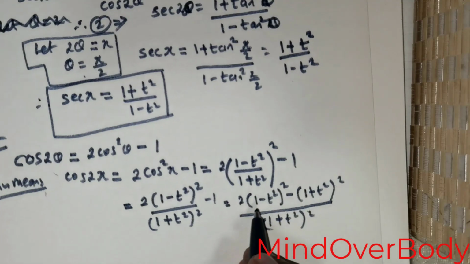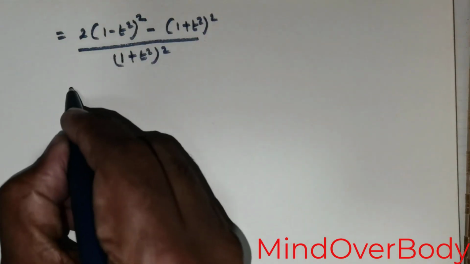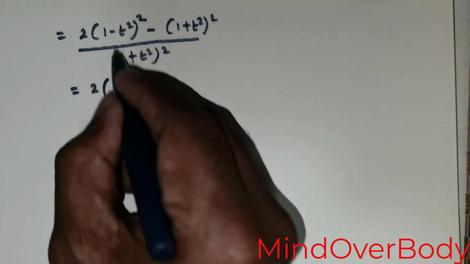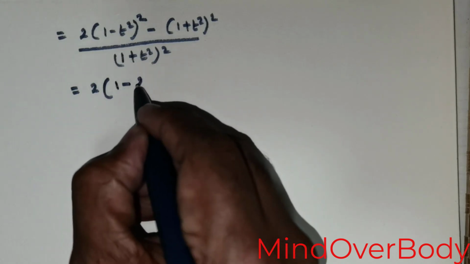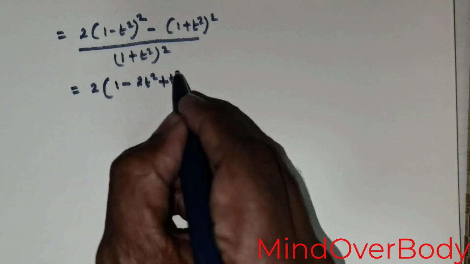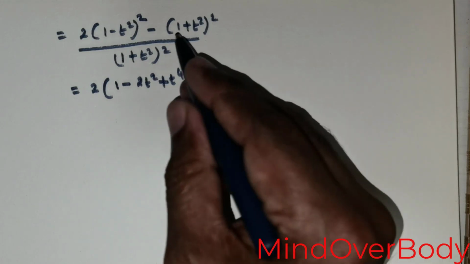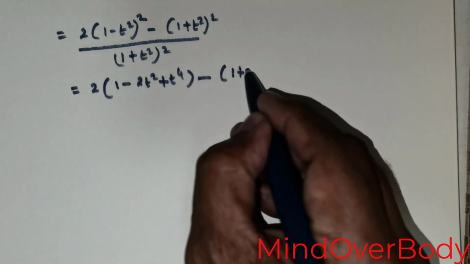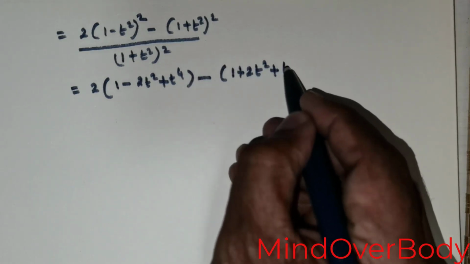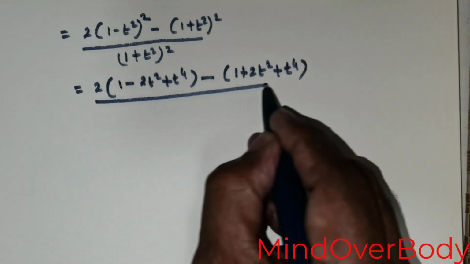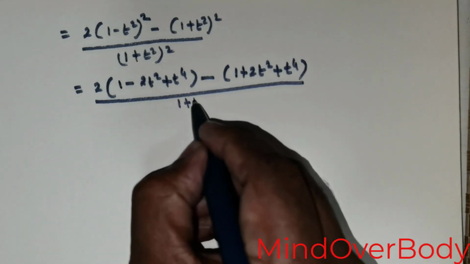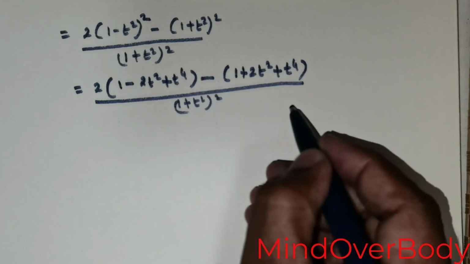Now I'm going to expand the numerator. So expanding the numerator, this is going to be 2 of (1 − 2t² + t⁴) followed by − (1 + 2t² + t⁴), divided by the denominator (1 + t²)².